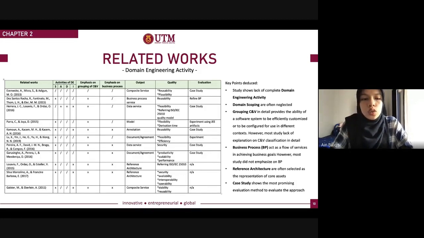There are also only a few studies that emphasize grouping commonality and variability as well as business process. For output, reference architecture is often selected as the representation for core assets. And case study shows the most promising evaluation method for experiment of domain engineering activity.